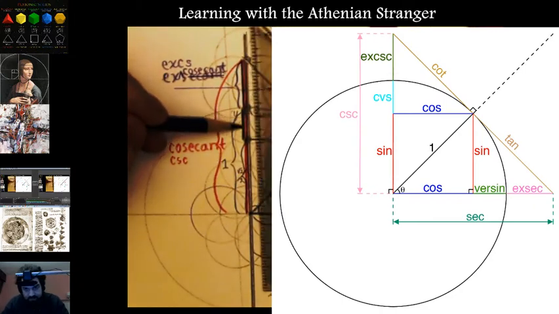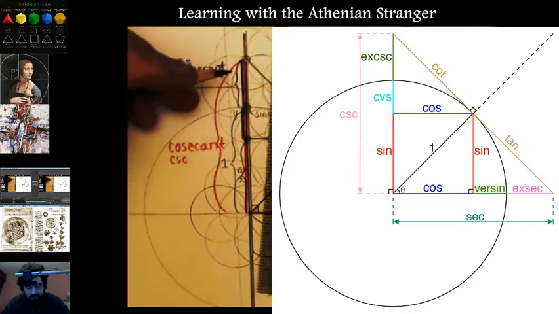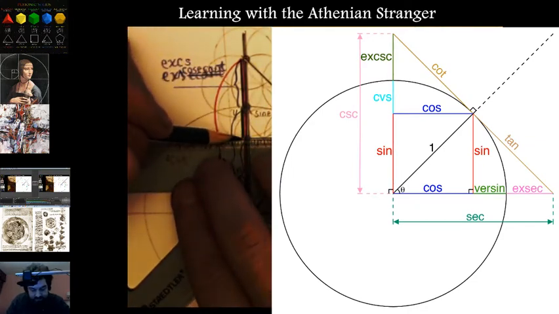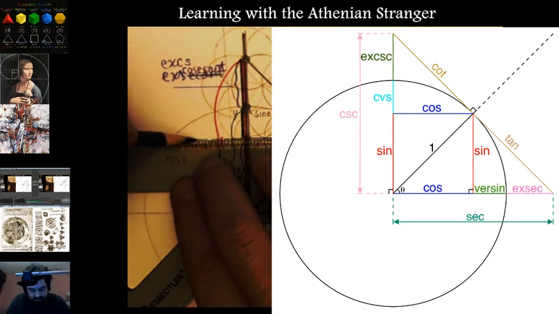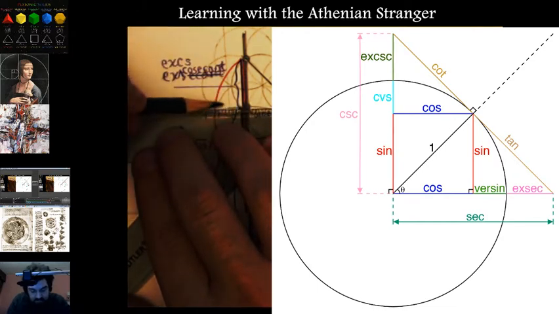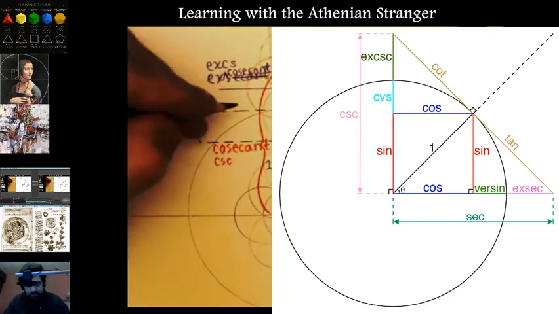All right, this little distance here that I was drawing in green, this is called the cosine. So I'll just make some dots. It's getting crowded. Okay, this is the cosine.